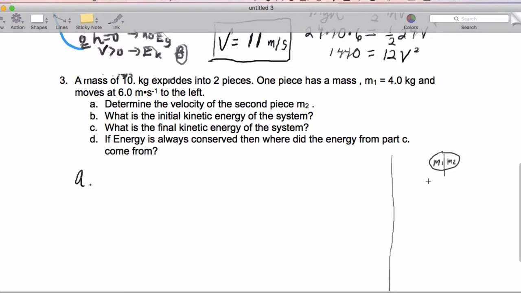And at the beginning of this problem, U1 equals U2 equals 0. And then at the end of the problem, we have each of these things moving. M1, and just to be clear, let me label one more thing. M1 is 4 kilograms. And M2 is 6 kilograms.